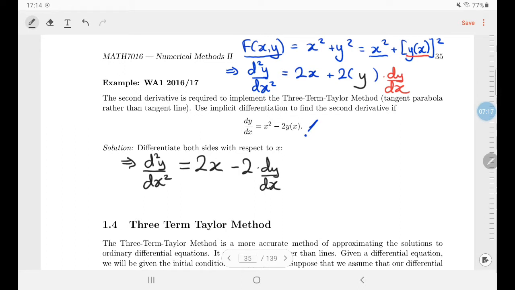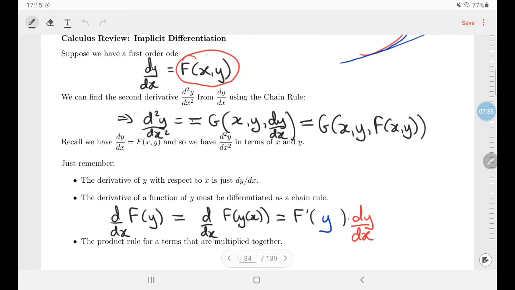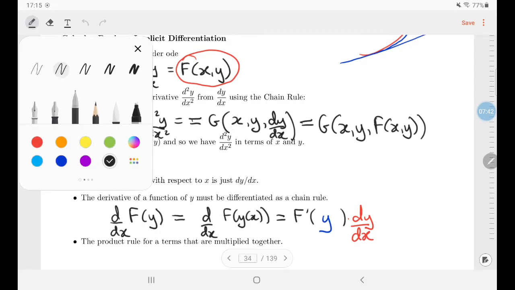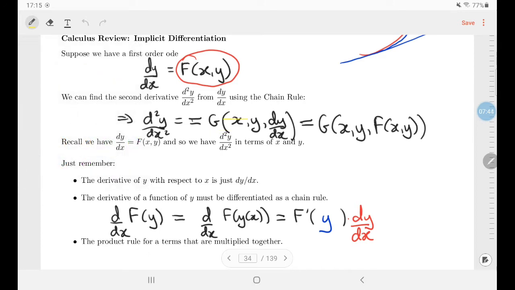And now what we do is, well, what's dy dx? Well, we have dy dx in terms of x and y. So here we see the second derivative in terms of x, y, and dy dx. And there's no y there, but in general there could be. So you have the second derivative in terms of x, y, dy dx, but you can put dy dx in terms of x and y.